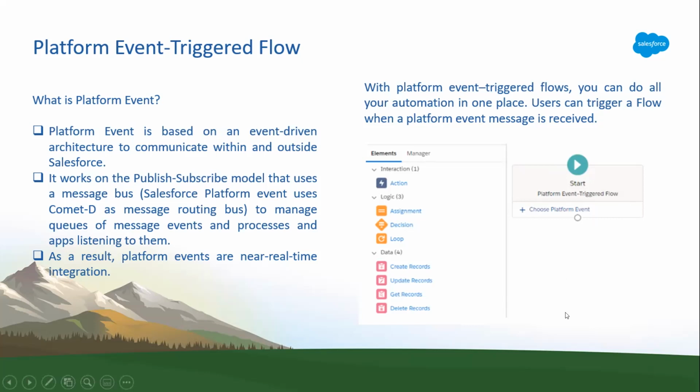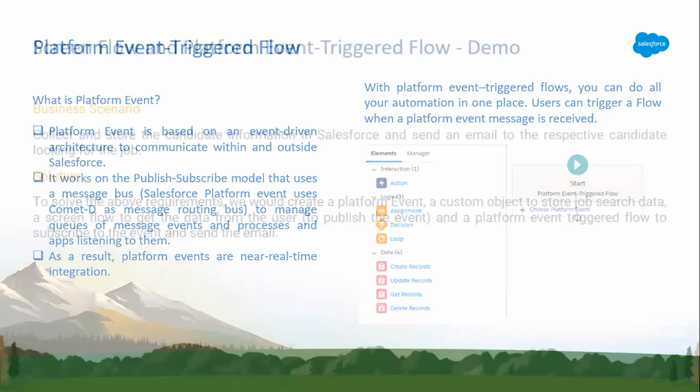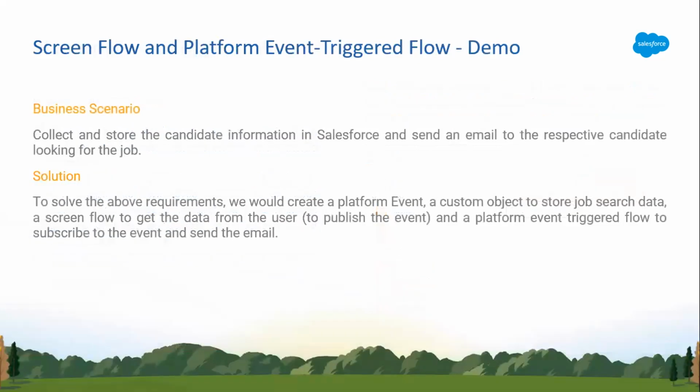Let's see both the screen flow and the platform event trigger flow in a demo. Here I have selected a small business scenario: to collect and store candidate information in Salesforce and send an email to the respective candidate looking for the job. This is our business scenario, and to solve this, we have to create a platform event, and a custom object to store the job search data, and then we need a screen flow.